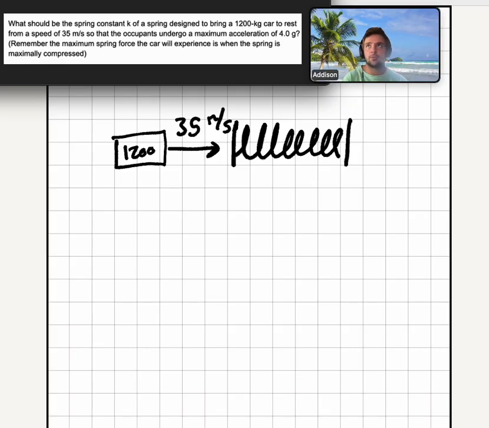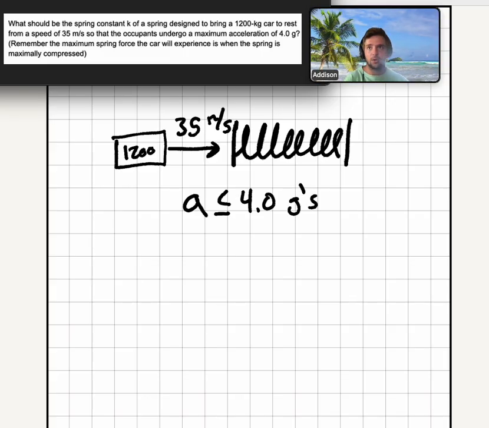So the situation is we have a 1,200 kilogram car that's zooming towards a spring at 35 meters per second. And we want to make sure that the people experiencing the deceleration that's going to happen when the car hits the spring, that the acceleration is less than or equal to 4 g's.